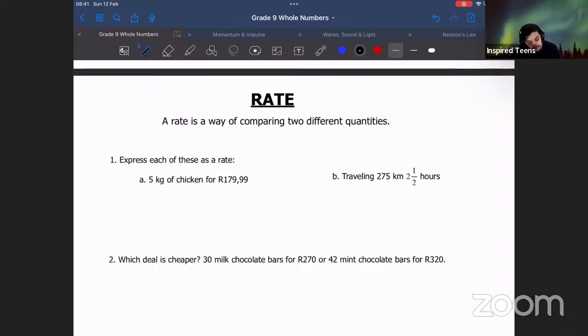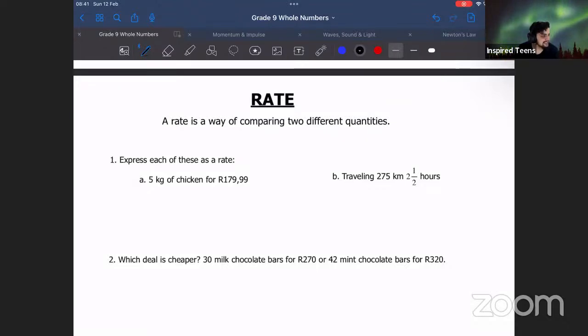A lot of the time we describe the speed of a car as 56 kilometers per hour, 120 kilometers per hour. We are basically comparing two different quantities: kilometers, which is distance, and hours, which is time. And that is seen in a lot of different examples.